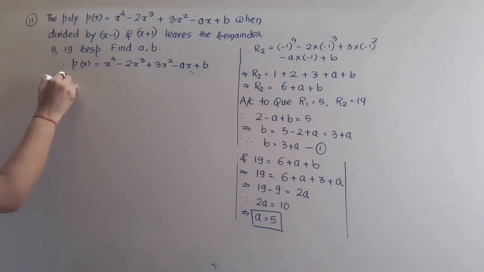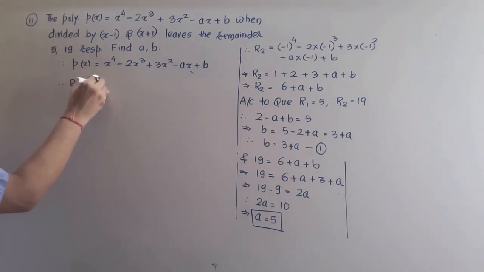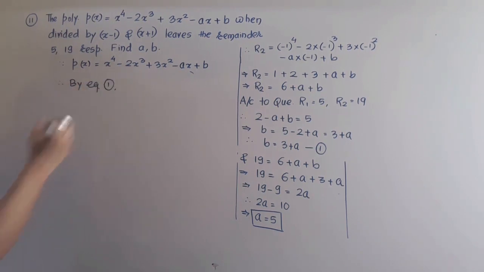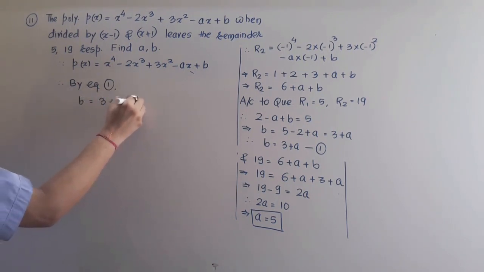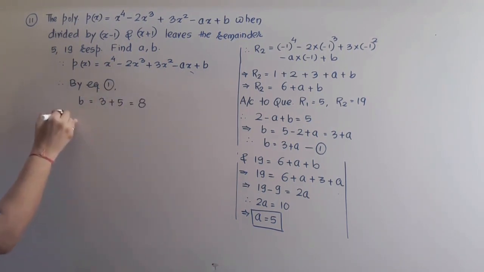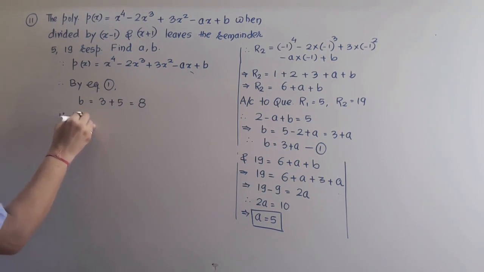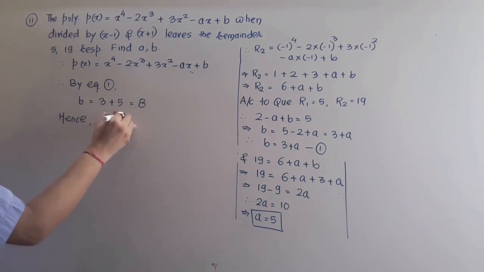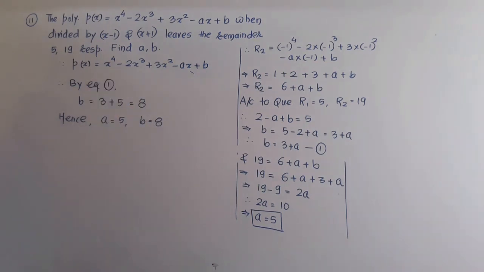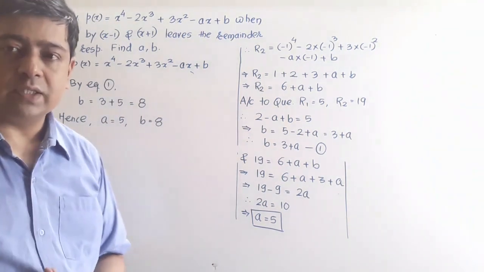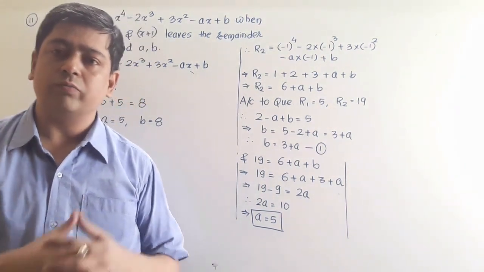So by equation 1, b will be equal to 3 plus a, meaning 3 plus 5, which will be equal to 8. So at last I can say, hence, the value of a will be equal to 5 and b will be equal to 8. So we have finished question number 11.